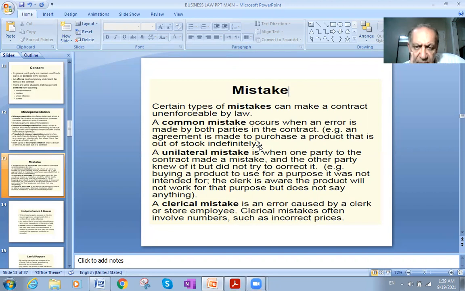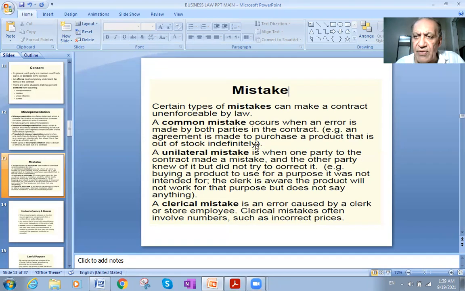Common mistakes like what? For example, an agreement is made to purchase a product that is out of stock. You want to buy a product which is out of stock. You know it's not there, and I know it's not there.